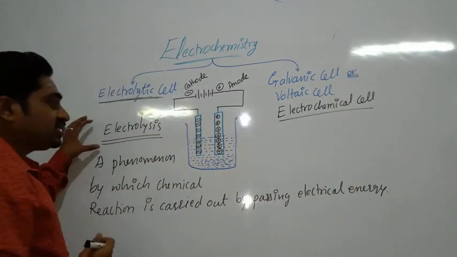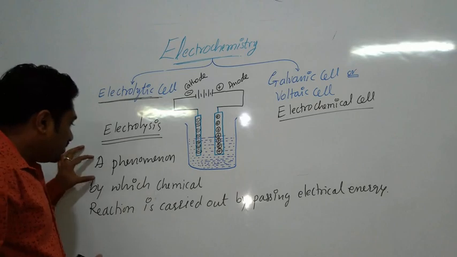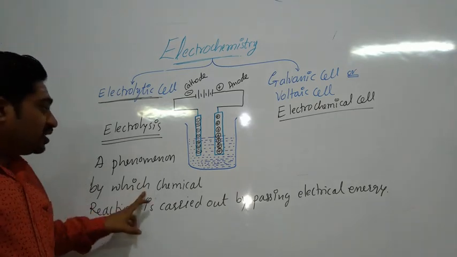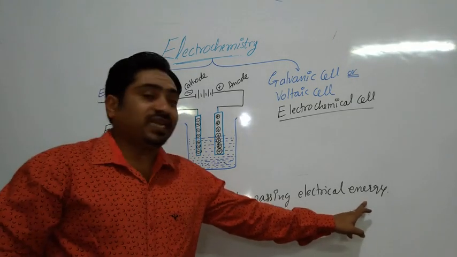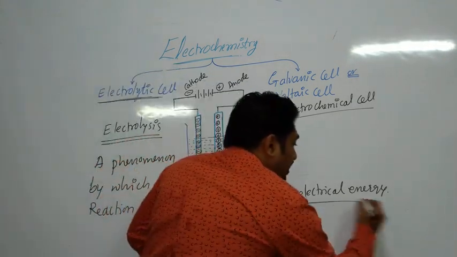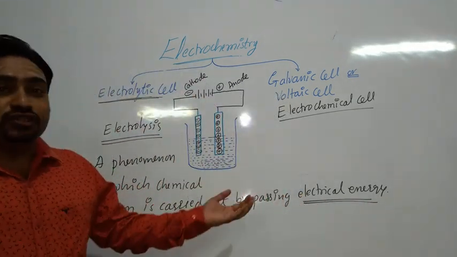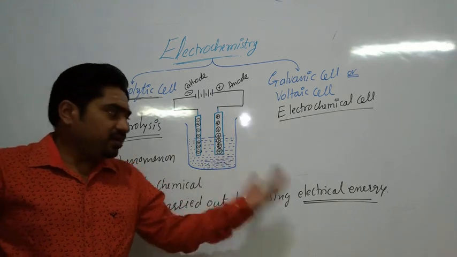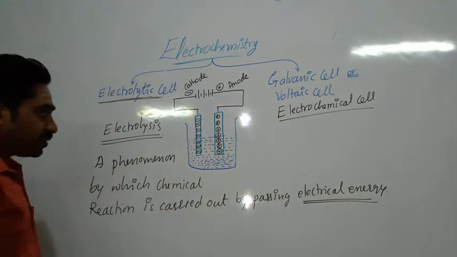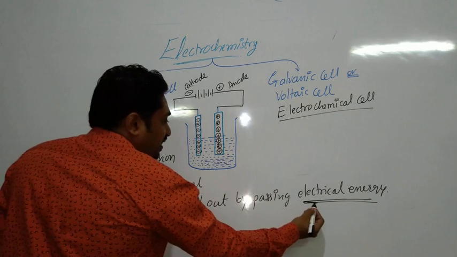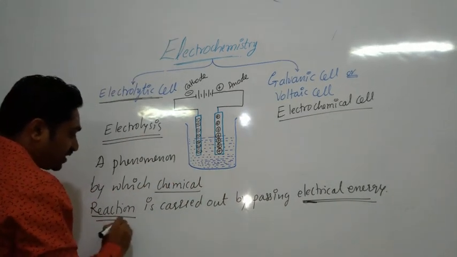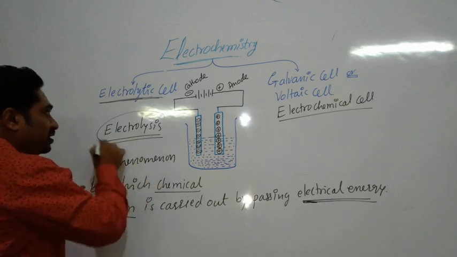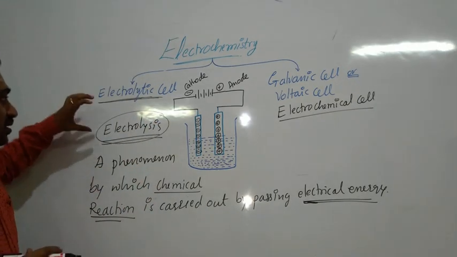This electrical energy is given by an external source like batteries. By passing electrical energy we are successfully carrying out our chemical reaction. So this process is called electrolysis.